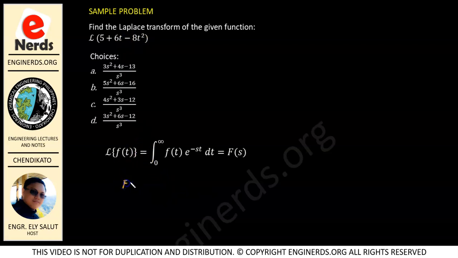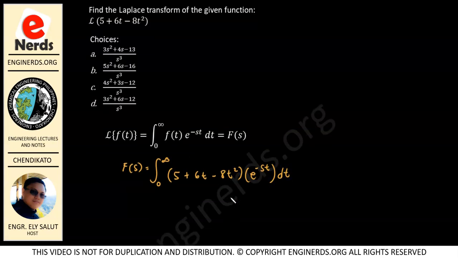Our F(s) is equal to the integral from 0 to infinity of our f(t), which is equal to 5 plus 6t minus 8t squared, times e to the negative st dt. Okay, we already stated before that our s is constant, no?